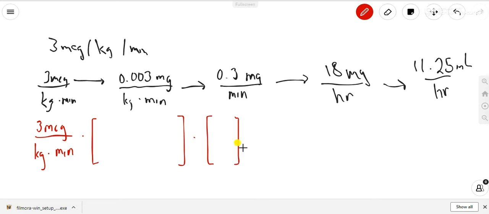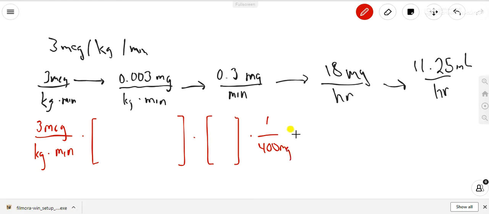But all we're doing is looking at our given rate. That's what I wrote first. And then it's an amount of medicine. So I need to compare that amount of medicine that's running in that rate to my total medicine, which is the 400 milligrams.